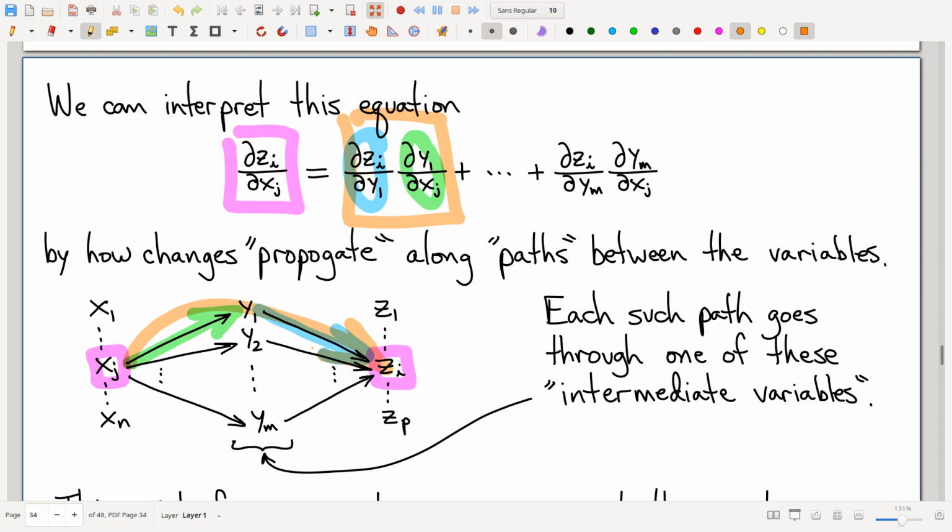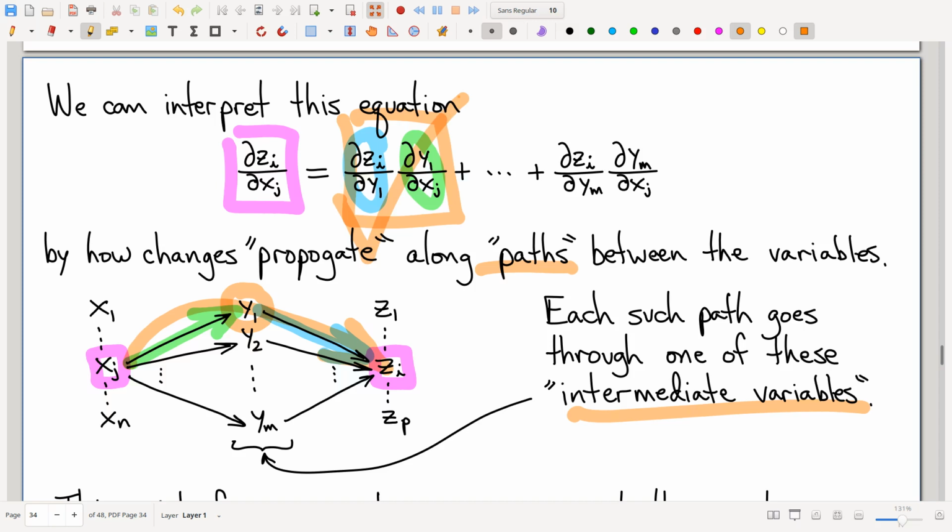So the amount that through this path, through this intermediate variable, we call it, the amount of the change in zi that goes through that path is just that term right there.